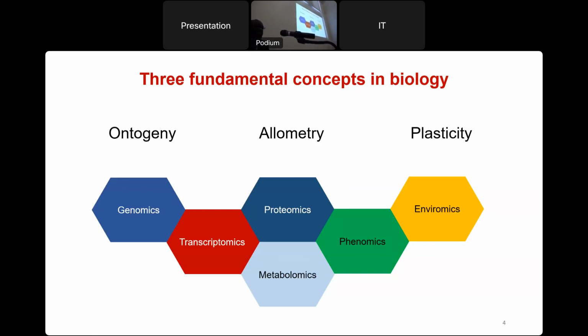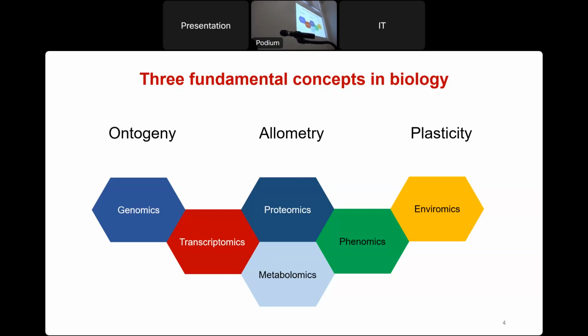And there have been several long-standing questions about the genetic basis of these three different aspects of development. And now that we have a wide array of data and are able to integrate it all the way from the genome to the phenome as well as the environment, we're able to answer some of these questions, but also ask new questions.